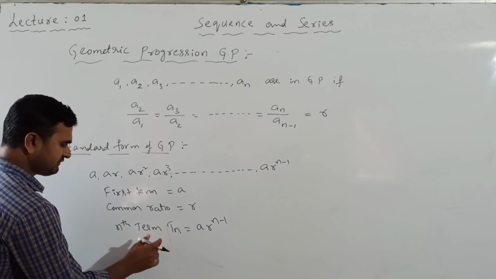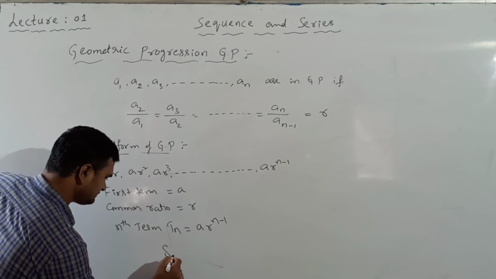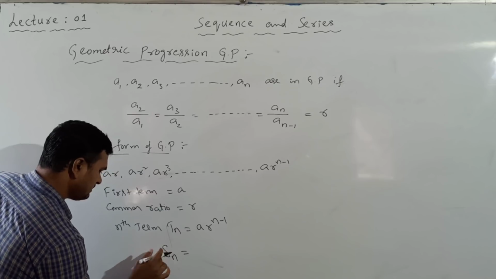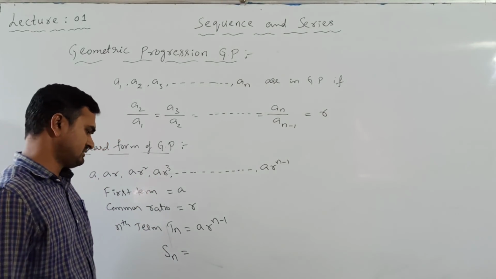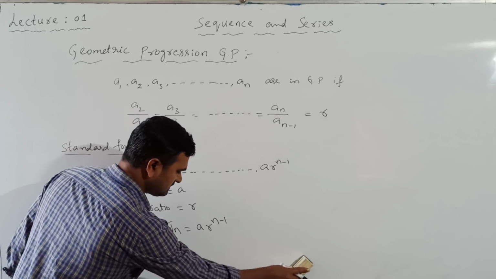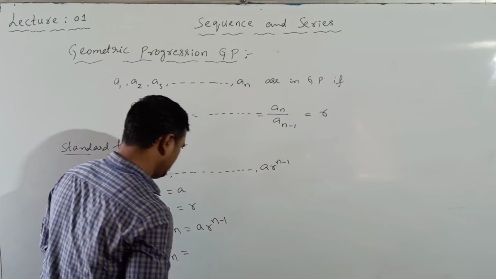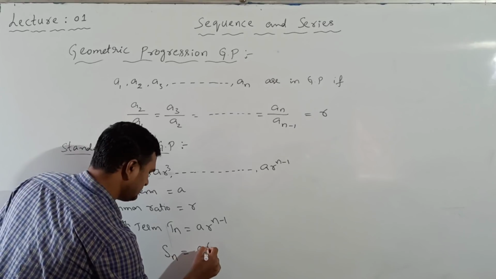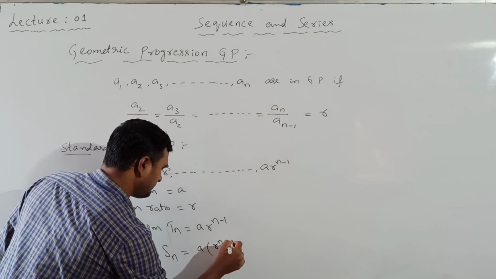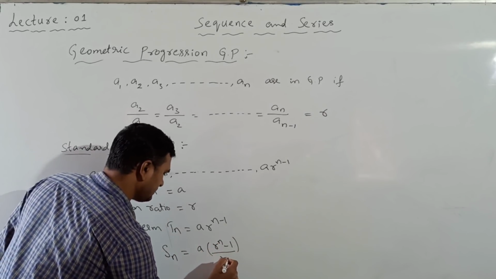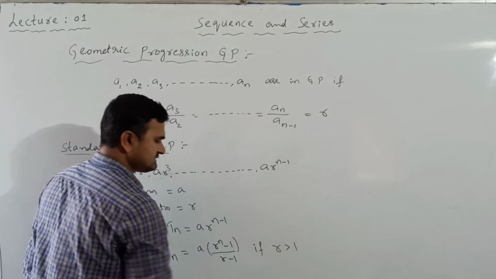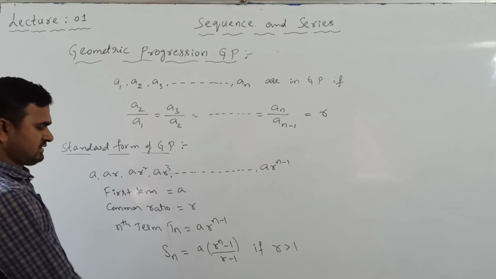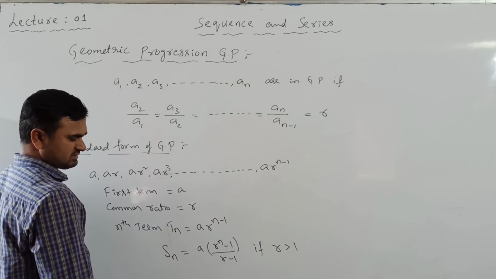Next, the sum of n terms: the sum of the first n terms of this geometric progression. Now we have two formulas based on the r value. Sn is a into (r power n minus 1) divided by (r minus 1) if the value of r is greater than 1. So whenever r is more than 1, we use this.